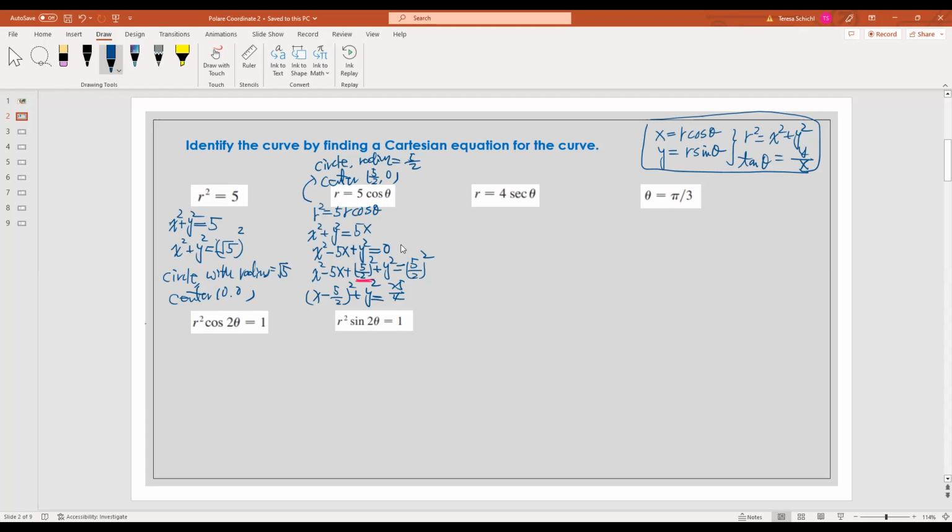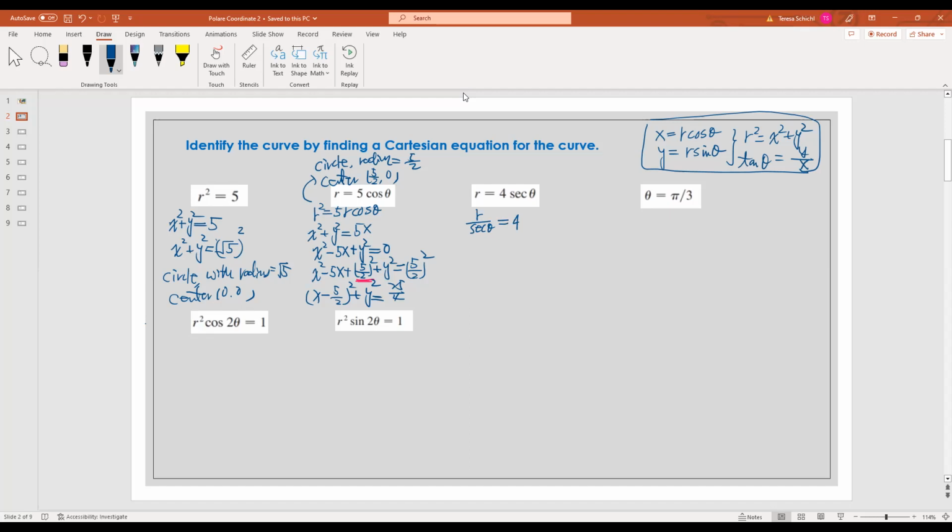This one is r equal to 4 secant theta. What is this relation? I move the secant theta over, so r over secant theta equals 4.